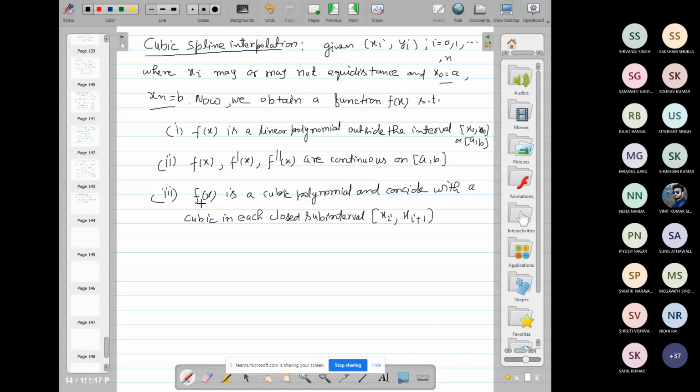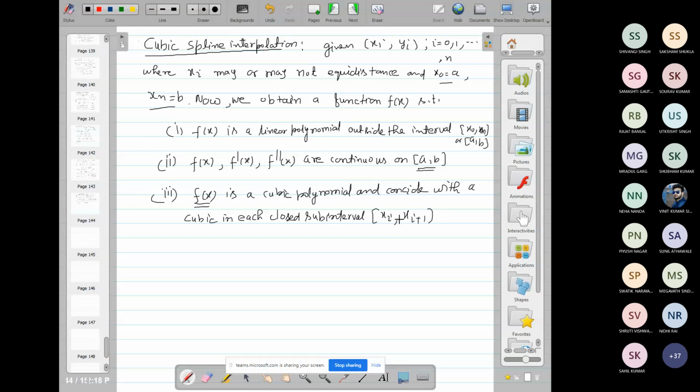The function f(x) is a cubic polynomial inside the interval [a, b] and coincides with a cubic in each closed subinterval. If we consider any closed subinterval of [a, b], then in that interval the function f(x) coincides with a cubic polynomial.